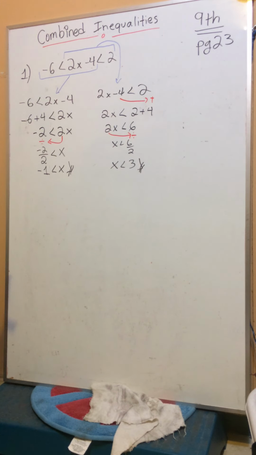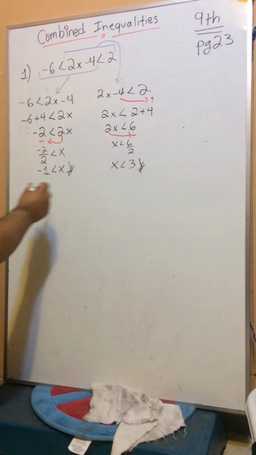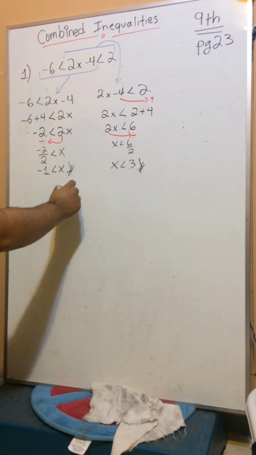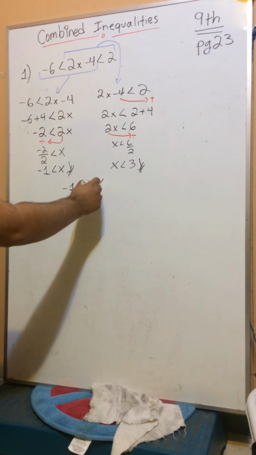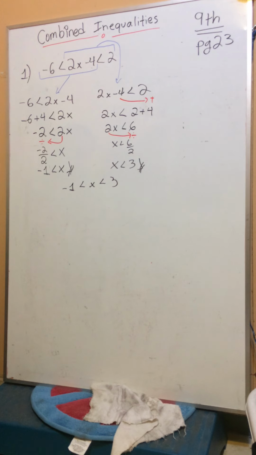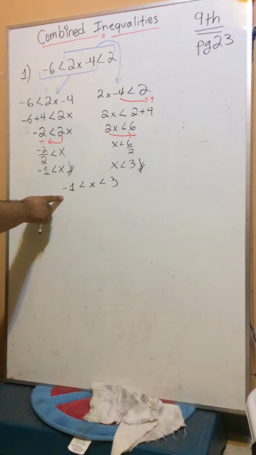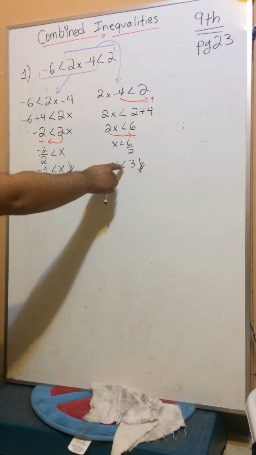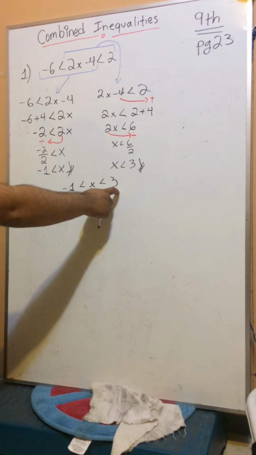The next thing we need to do is put them on a number line. When we put them on the number line, we're going to see at which points they overlap. This is the same thing as having minus 1 less than x less than 3, because we're looking for values of x greater than minus 1, which would be here, but the values of x are also less than 3, which is here.